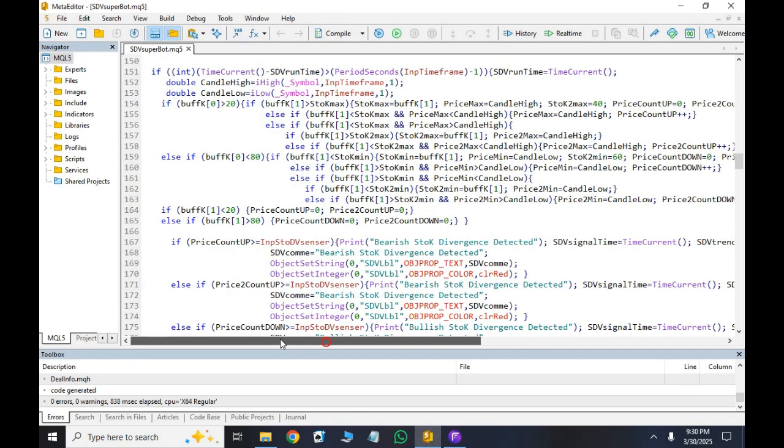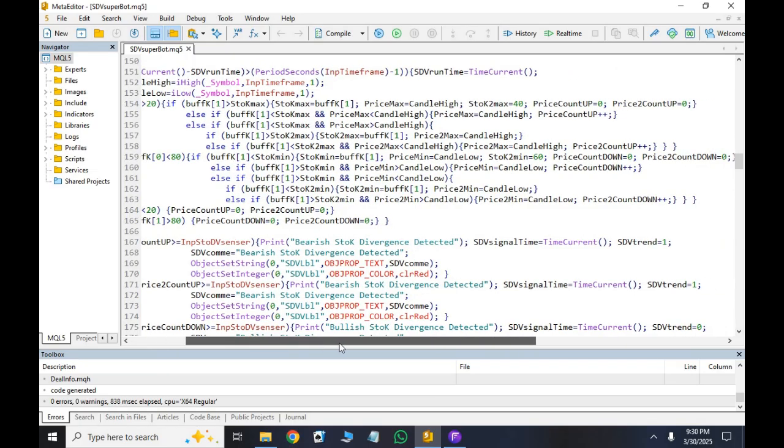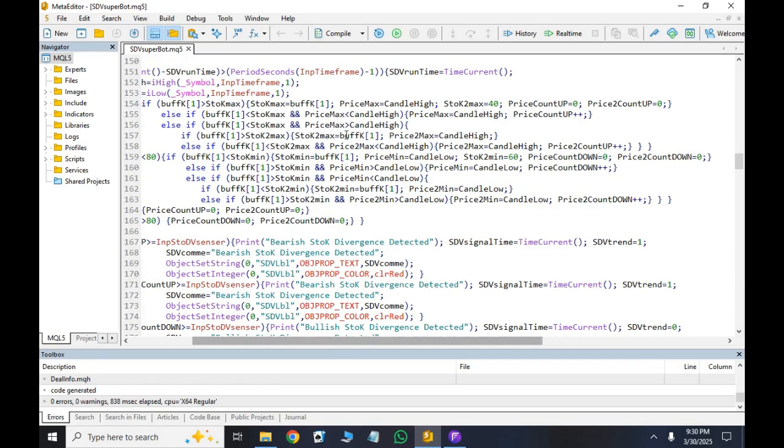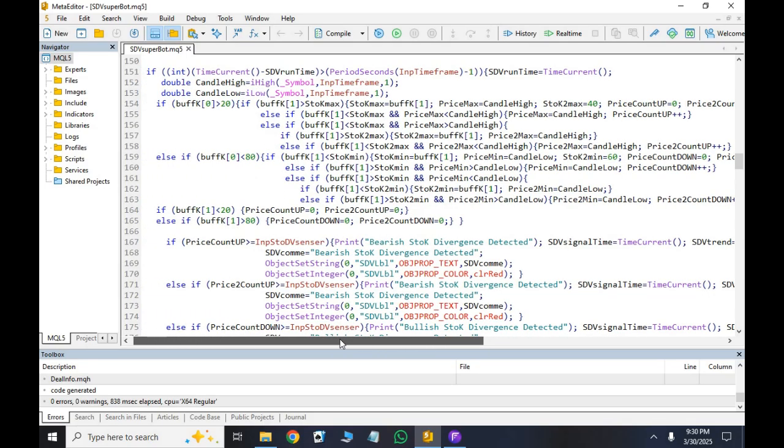So there is the code to check the divergence, and if buffer K value is less than 20, then we zero the price count values. If buffer K value gets higher than 80, that means we stop the check for bullish divergence.